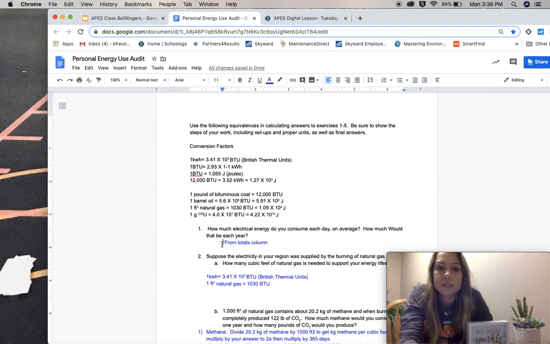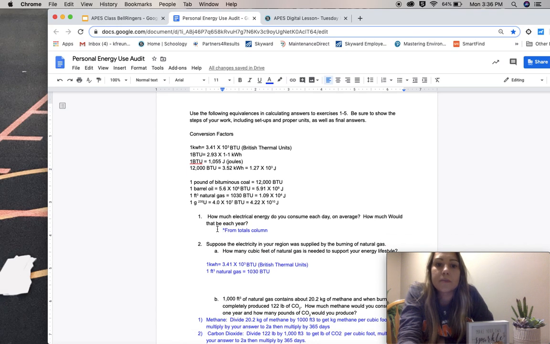You'll list that number first, and that's per day. So how much would that be each year? You need to think, how many days in a year? 365. Take your energy per day and multiply it by 365 to get your yearly energy amounts.